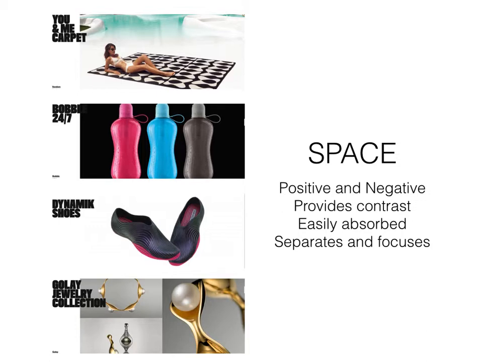Now, with a website that uses a lot of imagery to reference their work, the Karim website makes good use of space, positive and negative, to separate and focus the eye on the image itself, which is the positive space, and the negative space is the area around those images, whether it's white space or sometimes it's black space.